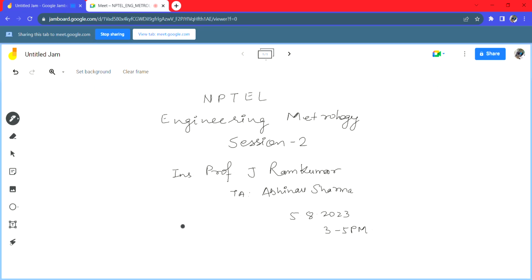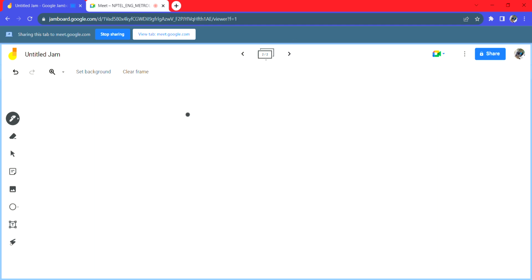So welcome to this second session on engineering meteorology, and let us begin our discussion today with what exactly resolution is. This word comes from the root word resolve. From resolve, we have made the word resolution. Now, one more word I should take side by side is least count.